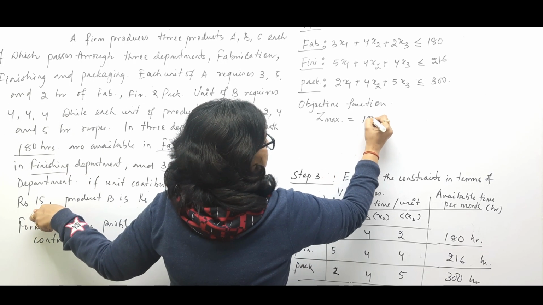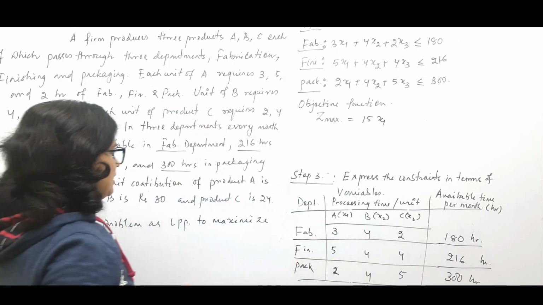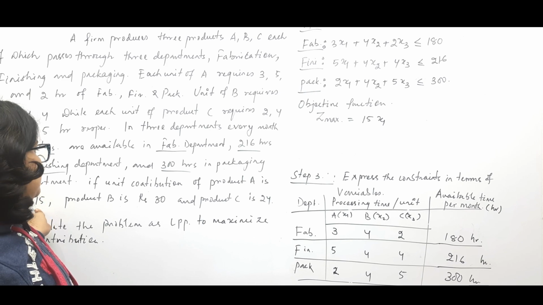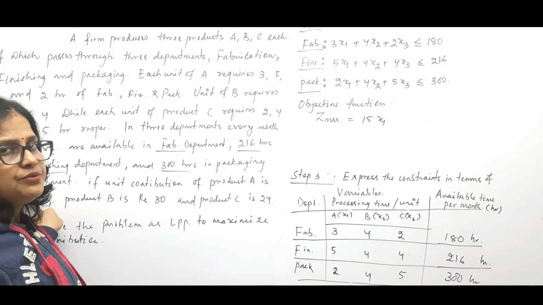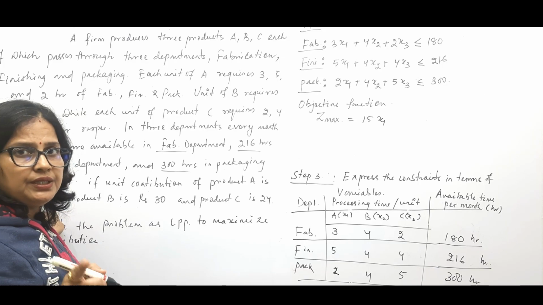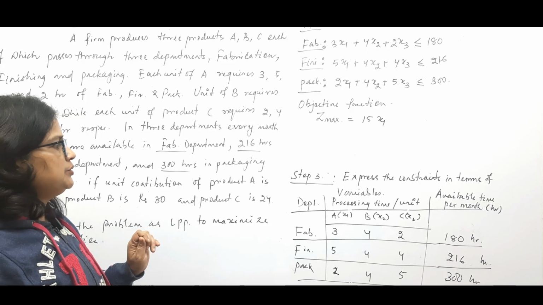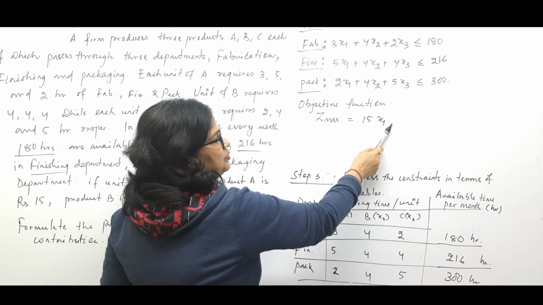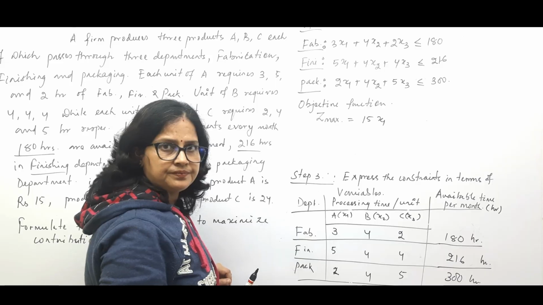So 15 rupees is the C1 for X1. If we are producing 1 unit, then we get a profit of 15 rupees. If we are producing X1 units, then the total profit will be 15 X1.